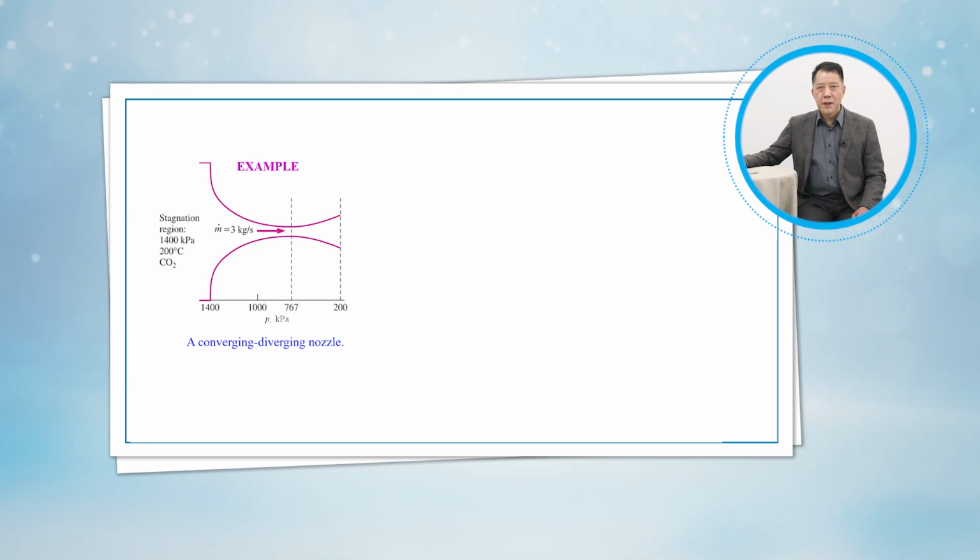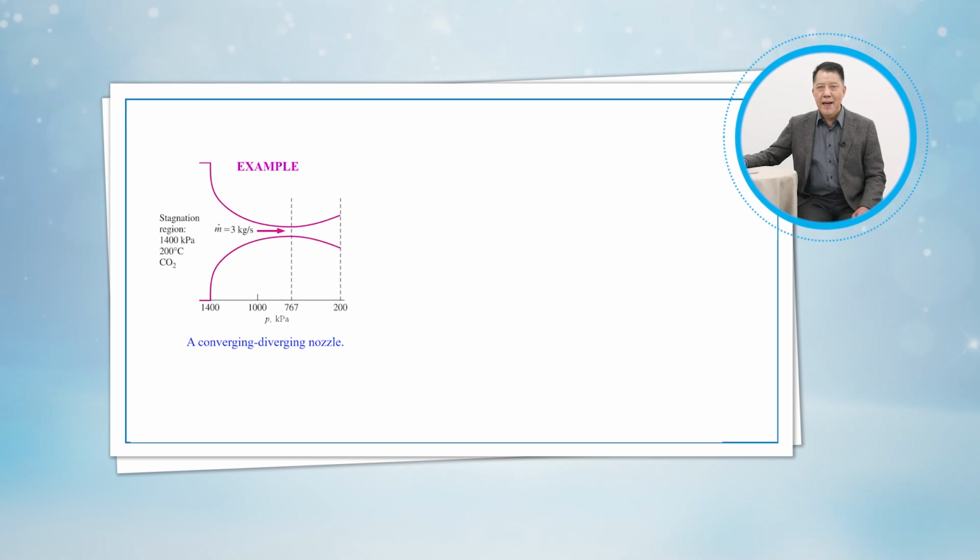The fluid first passes through a subsonic section, where the Mach number increases and the flow area of the nozzle decreases, and then reaches the value of unity at the nozzle throat. The fluid continues to accelerate as it passes through a supersonic section.